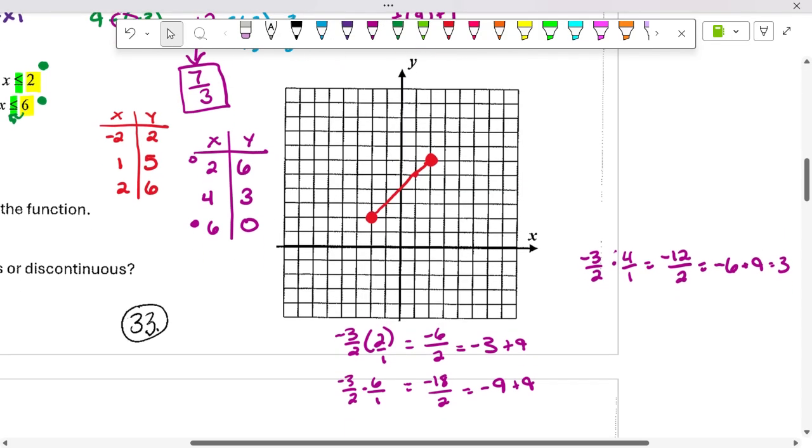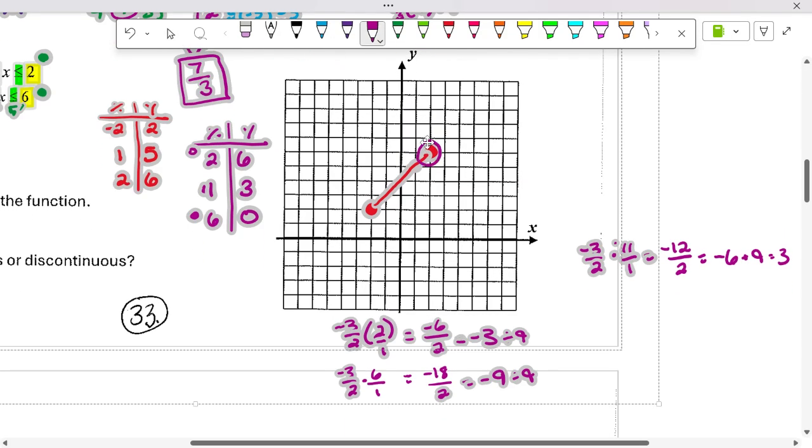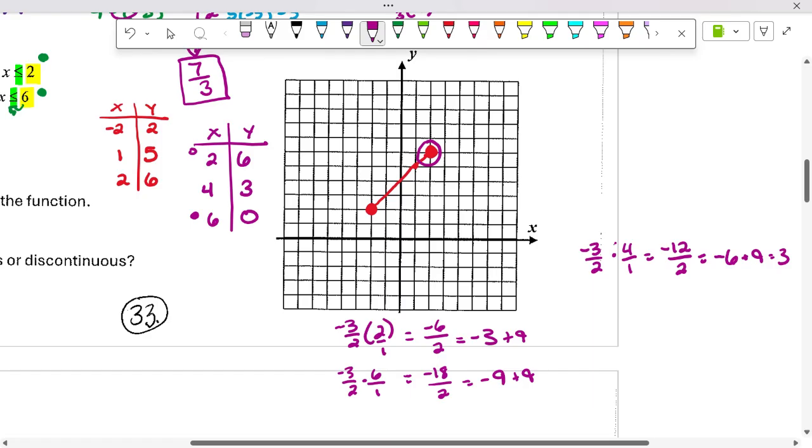So I got an open circle on 2, 6. So even though there's already a closed circle there, I'm just going to draw an open one around it. And then I'm going to do 4, 3, and then 6, 0 with a bigger closed circle. So my graph looks like this.